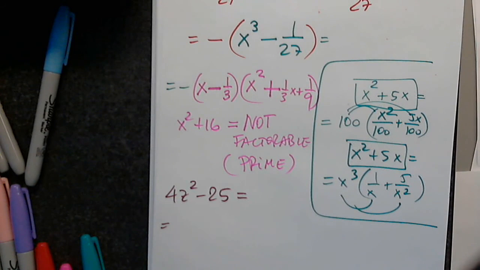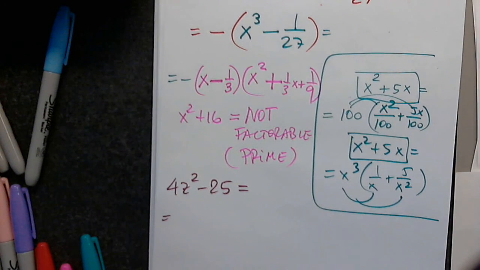Good. Descending order? Yes. Greatest common factor? 4 and 25, no. Negative leading coefficient? No. So, special products. Which one, if one is applicable? Difference of squares. Right.